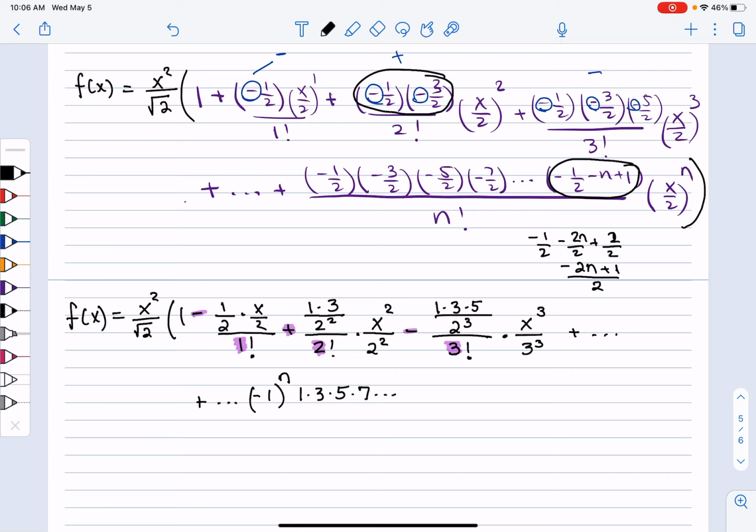But remember, the negative is already taken care of, right? It's somewhere over here. So we can say times all the way to 2n minus 1. And then we're going to have over 2 to the nth power, x to the nth over 2 to the nth.